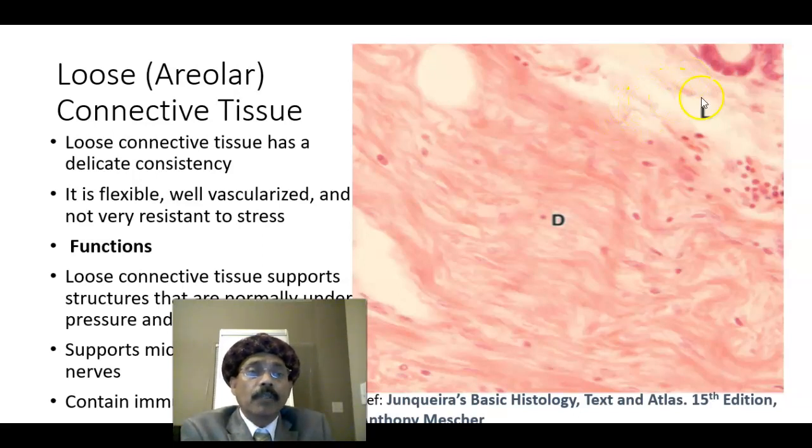Then after the loose areolar connective tissue, there will be continuity to the dense irregular connective tissue here. So this contains multiple connective tissue cells and the fibers and the ground substance.